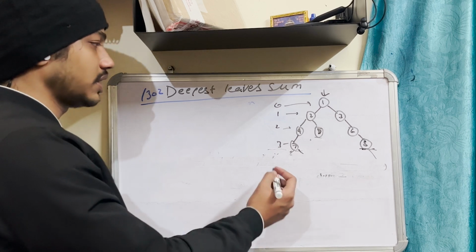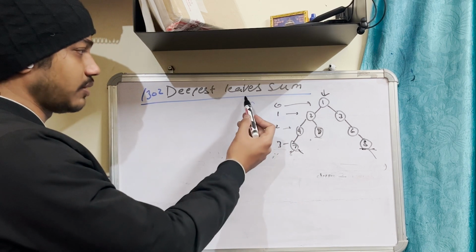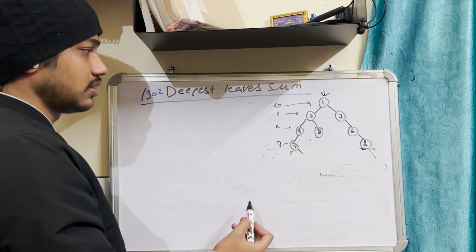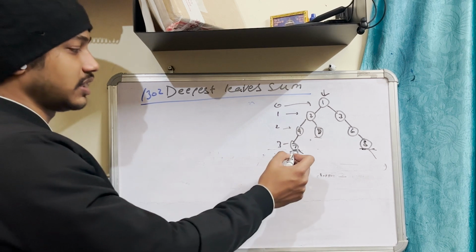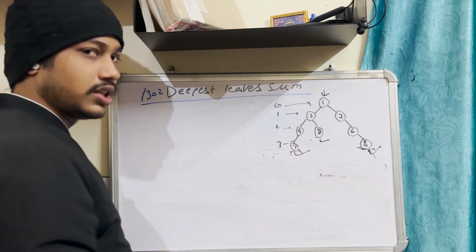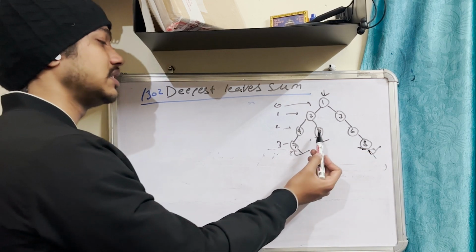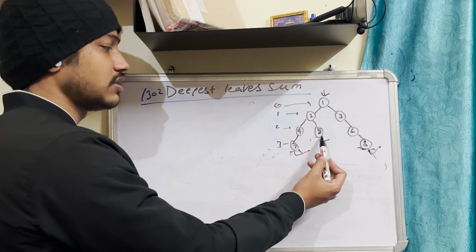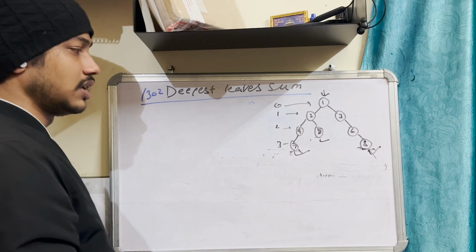So if you again look at the question, basically you have to find the sum of the deepest leaves. How will you consider this leaf is the deepest leaf, or this leaf is not a deepest leaf? There's this leaf 7, and there's 5 and 8.